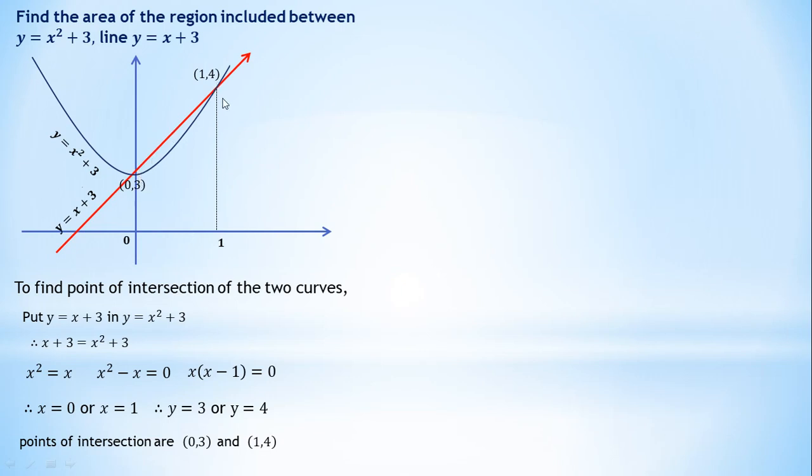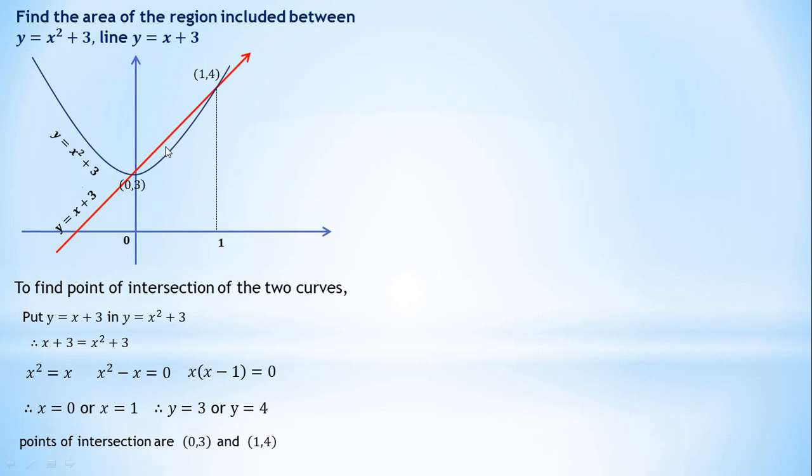Okay, now here if you want to find out the area which is bounded to the x-axis, then it is bounded from 0 to 1. Now see, the upper boundary is the straight line and the lower boundary is the parabola, and this is the region that we have to find the area of.